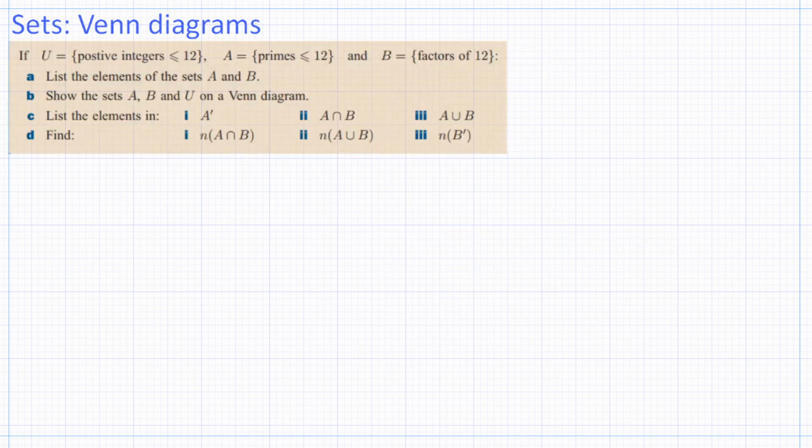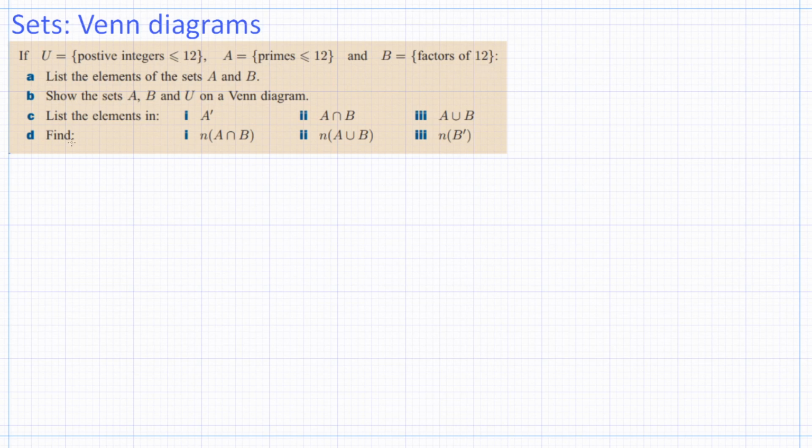Alright, for our last example, let's take a look at this problem. My universal set is all positive integers less than 12. There's a typo here. A is all prime numbers less than or equal to 12, and B is all factors of 12.